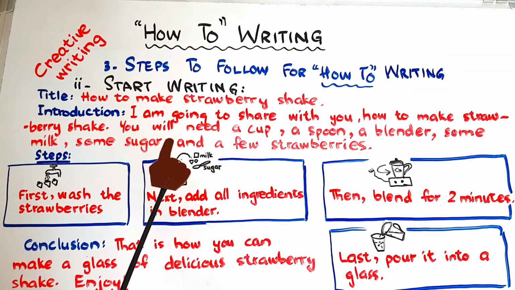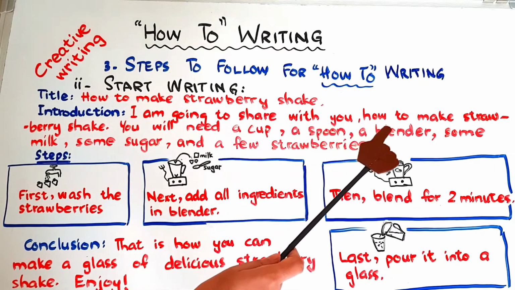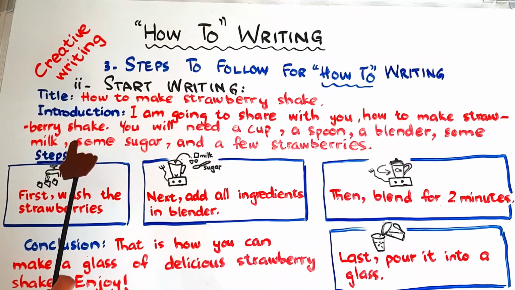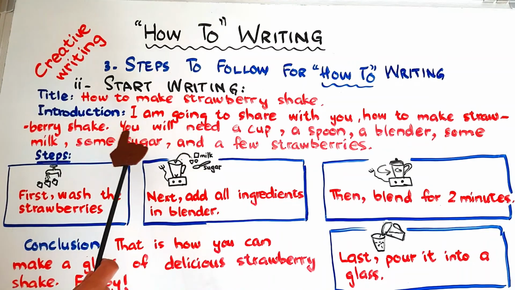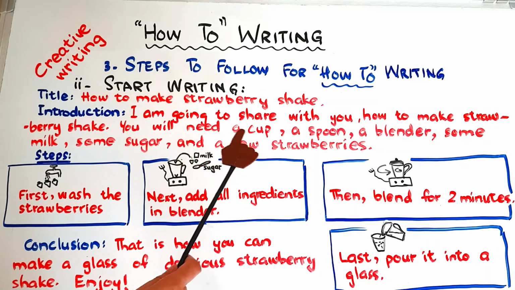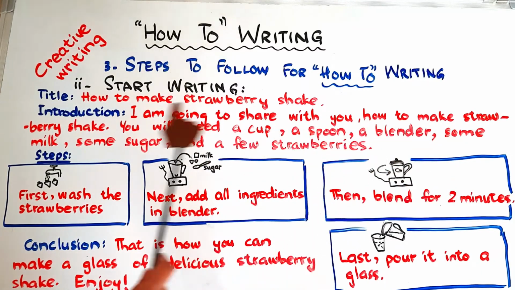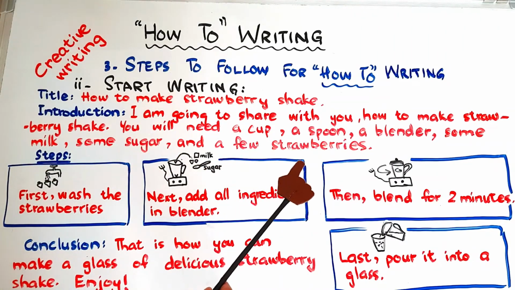Okay, here is a sample for you. I am going to share with you how to make a strawberry shake. You will need, now from here we have started telling about the materials, a cup, a spoon, a blender, some milk, some sugar, and a few strawberries.